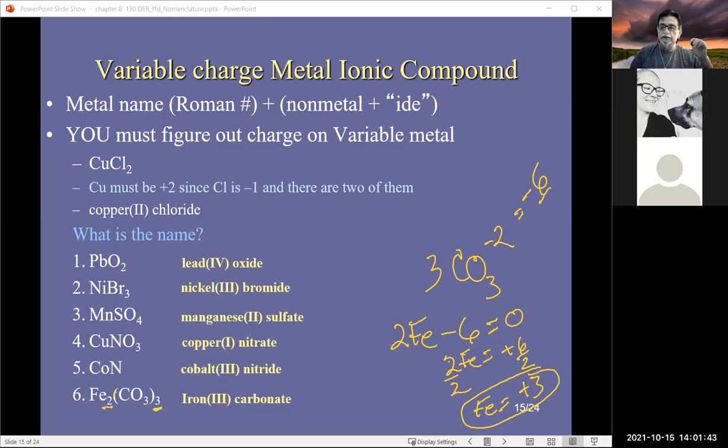Now notice something interesting. You can go through that exercise I just did, breaking it down. But I did mention a while back, when you have dissimilar charges, notice that the subscript of the anion is the charge of the cation, and the subscript of the cation is the charge of the anion. Didn't we just calculate a +3 for the iron? And isn't that the subscript of the anion?